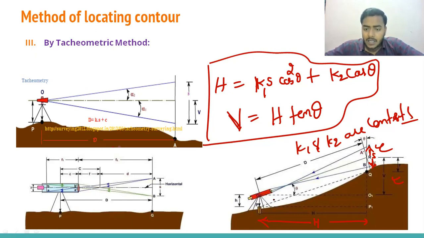And theta is the angle of elevation of the center, that is the middle wire. So theta is the angle between the elevated middle wire and the horizontal. How much it is elevated is shown by theta. You can see this in the figure, by the middle wire. That theta we can measure.